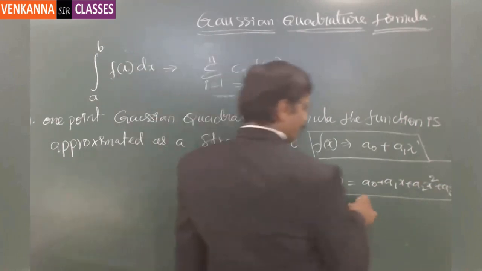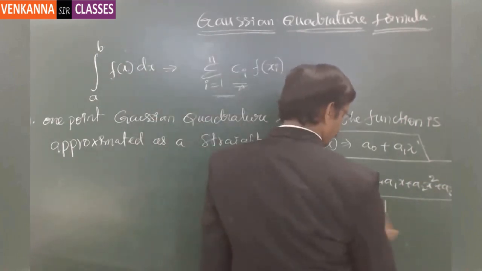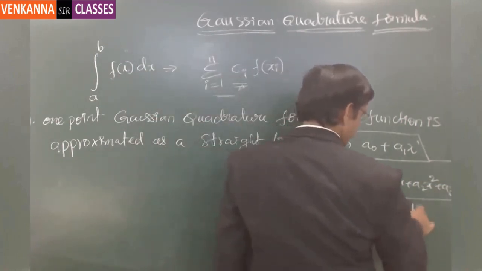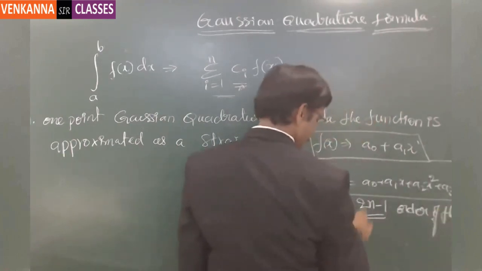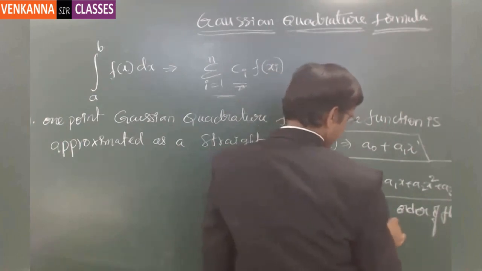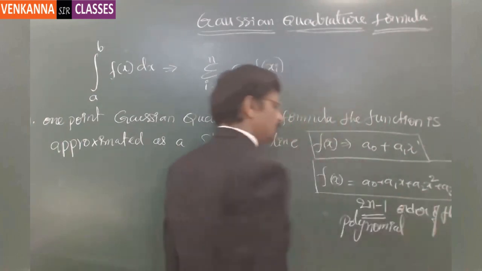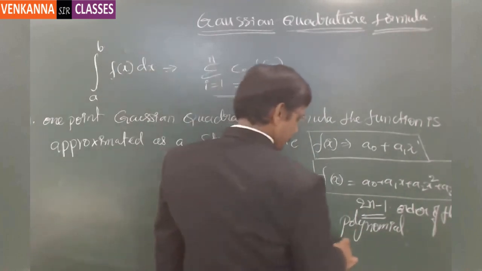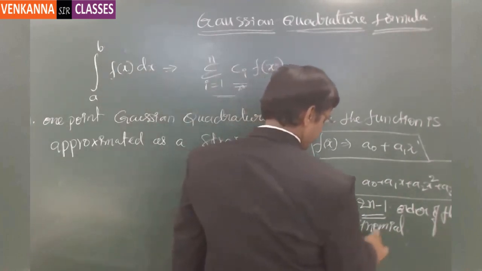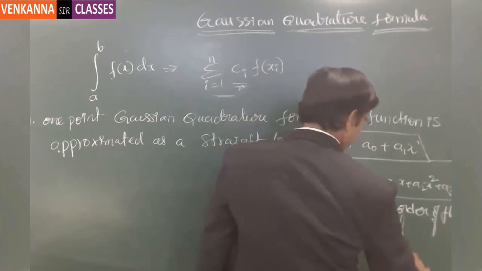So 2n minus 1 is the order of the polynomial, where n is the point, in the n-point Gaussian formula.